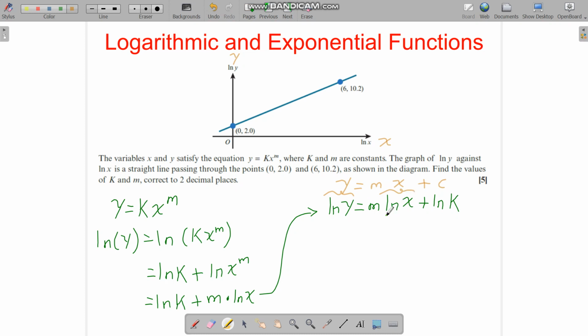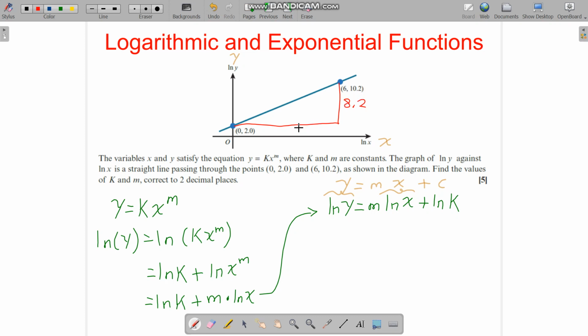How do we find the value of K and m? Well, we can find the gradient from this data here. If you just draw a triangle, the height of the triangle is 0.2 minus 2.0, so it's 8.2, and that's the rise.